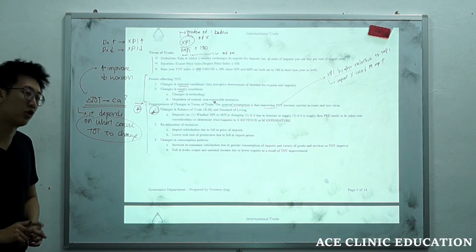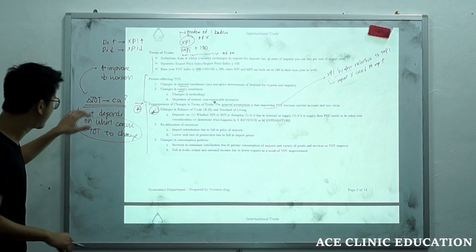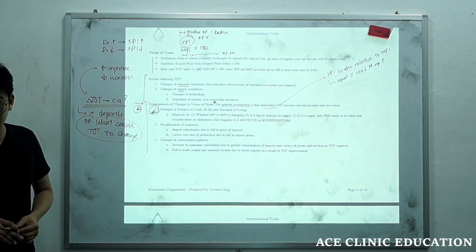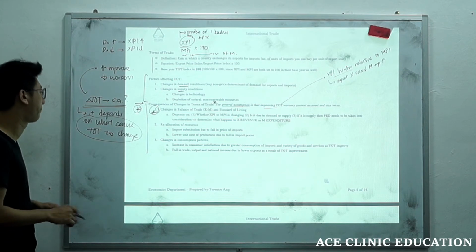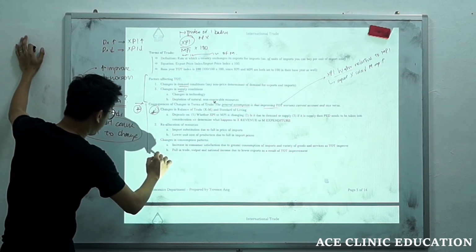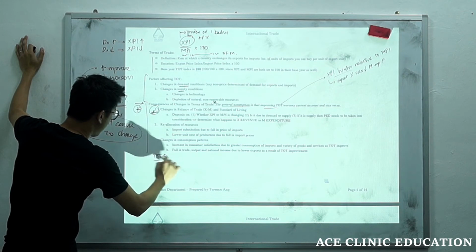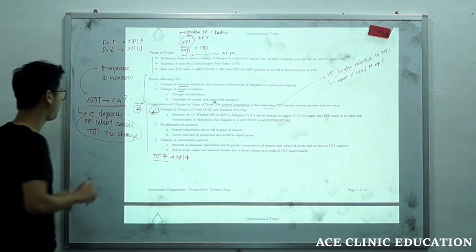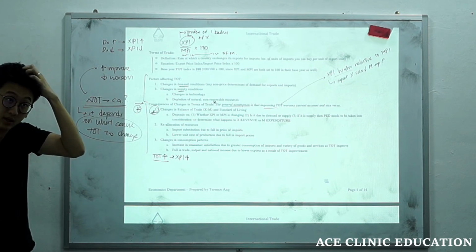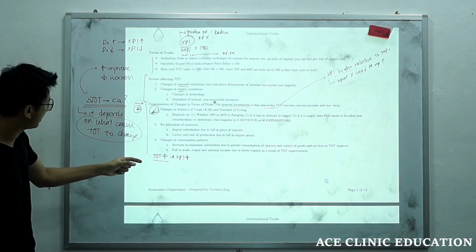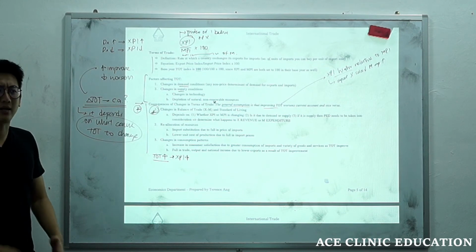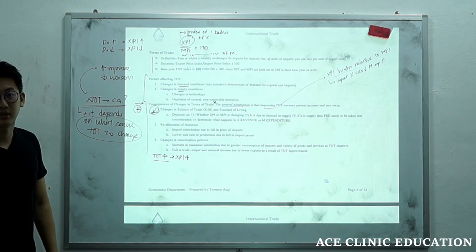Now, here's the good news. The answer to this is actually demand and supply and elasticity. I'll give you an example, okay? Let's say now your TOT is rising because your export price index is going up.